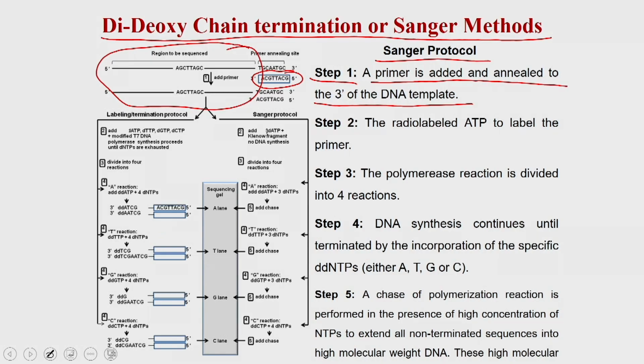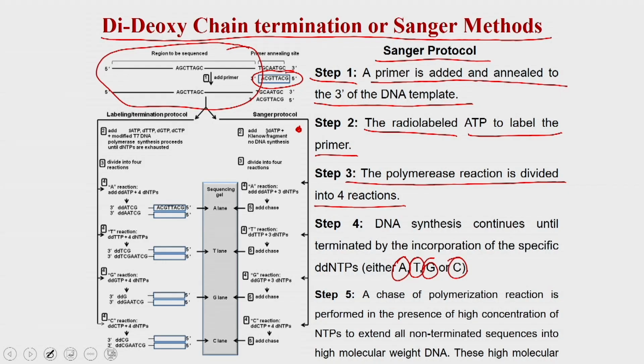Then in the second step, you use radiolabeled ATP to label the primers, which means you are tagging the primer with a particular type of radioactivity. Now in step 3, you take this reaction and divide it into 4 aliquots, and in all the 4 reactions you add either adenine or thymine, guanine or cytosine.